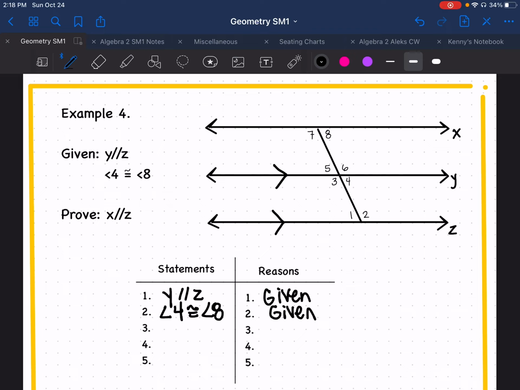Just because you use a reason once doesn't mean you can't use it again. So we could have a proof where everything is talking about alternate interior angles or alternate exterior or corresponding or same sides. It doesn't matter. You can repeat reasons, especially givens. If there's two, then there needs to be two given reasons as well.